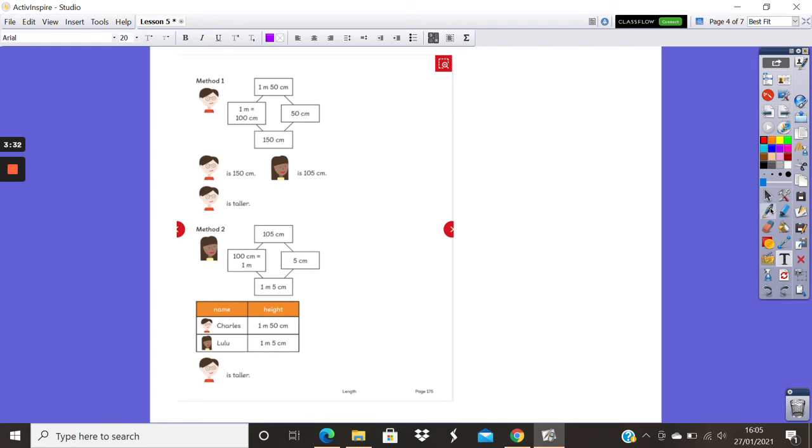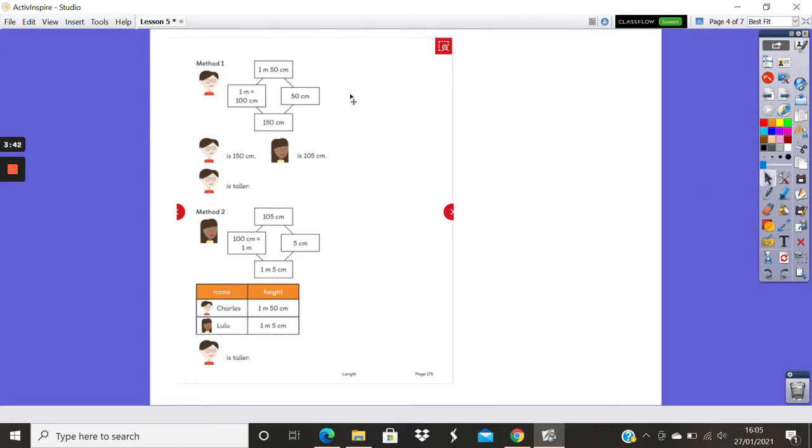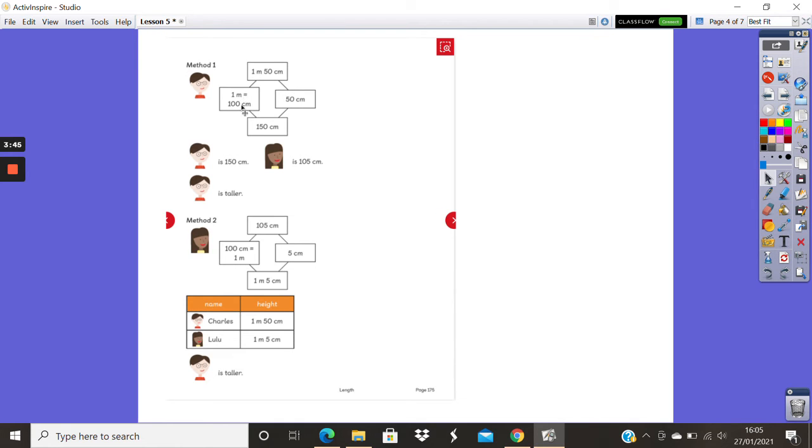So using those grids that we've been looking at over the last few days, you can start with converting Charles's height into centimetres. So you put your metres at the top. 1 metre 50 equals 1 metre or 100 centimetres, 50 centimetres, and then add those two together would give you 150 centimetres.